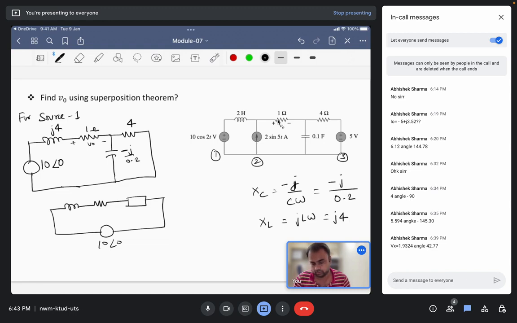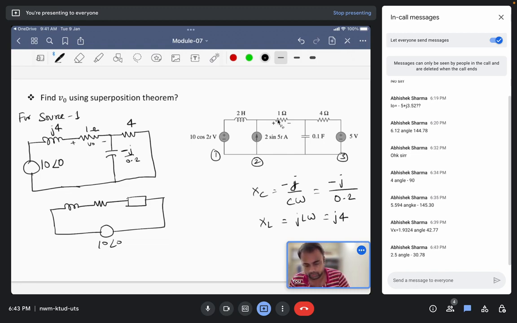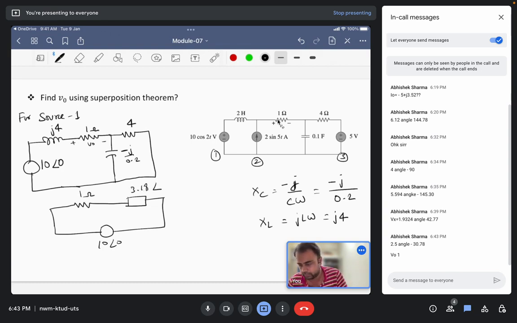So the simplified circuit will become a 1 ohm resistor and 3.18 angle 40 degrees.